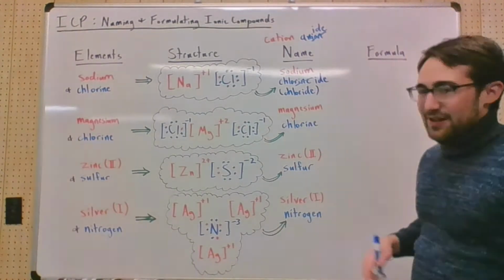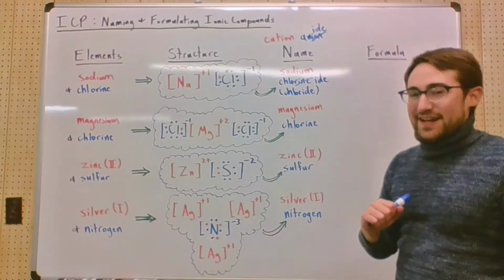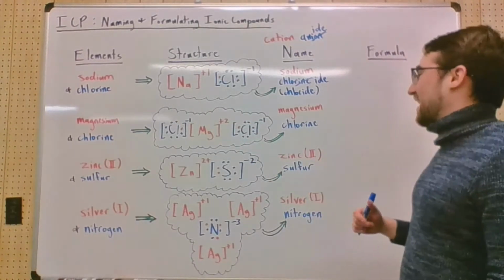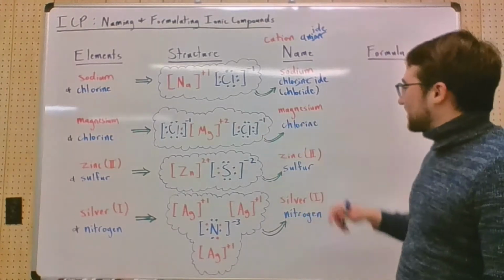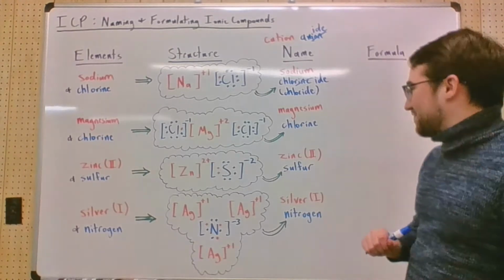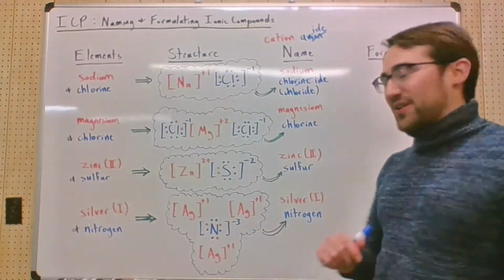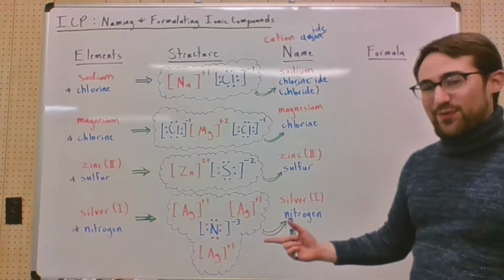With magnesium and chlorine together, magnesium is my cation now instead of sodium. So again, it's the positive thing. Magnesium is going to stay magnesium. That part will not change. The positive part stays the same. But chlorine is again my anion. It's my negative part. So I'm going to chop the end off just like I did before.